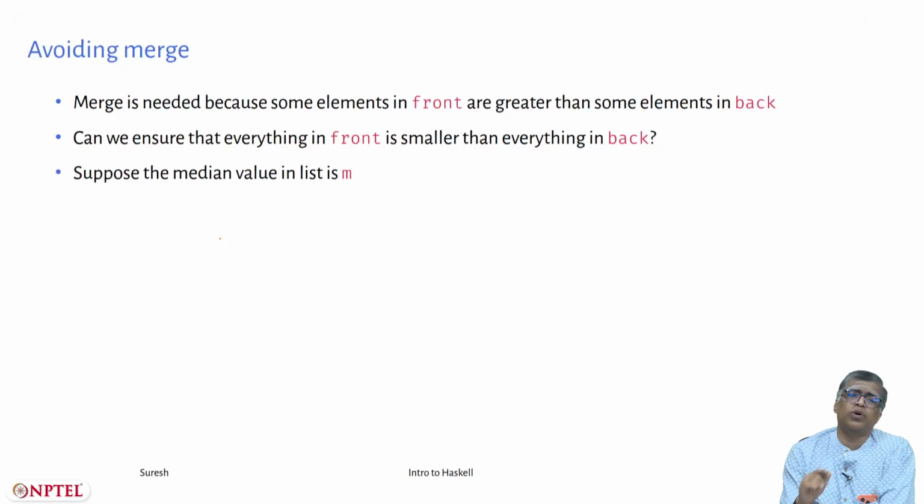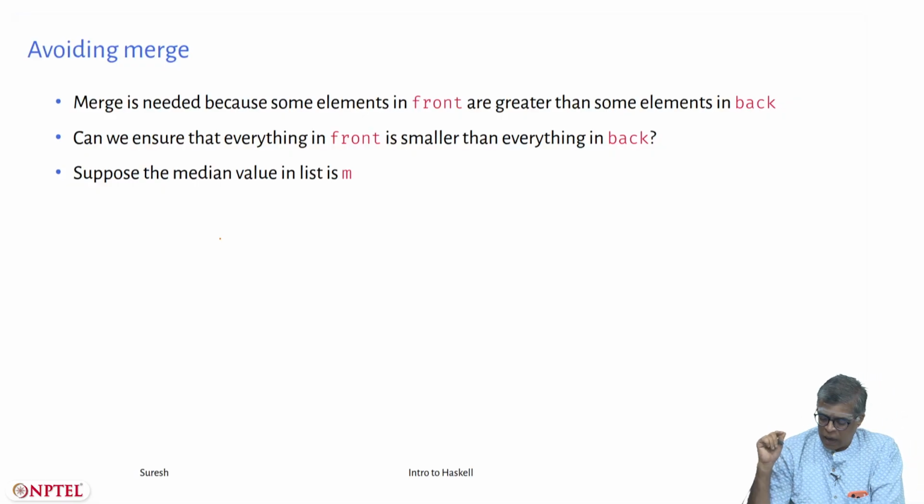Yes, we can. Suppose the median value, the value that is sort of in the middle of the list, if you had to think of the list in sorted order and pick the element in the middle, that is the median value, right?